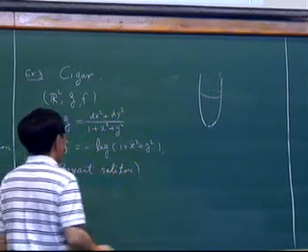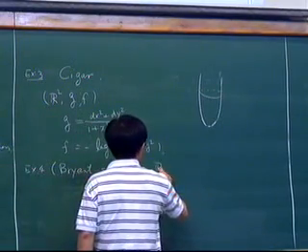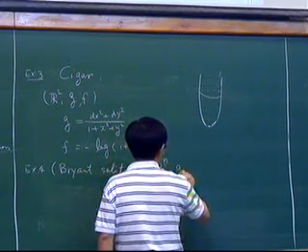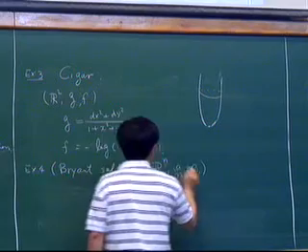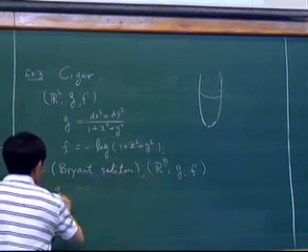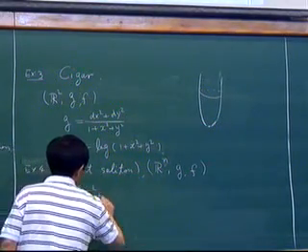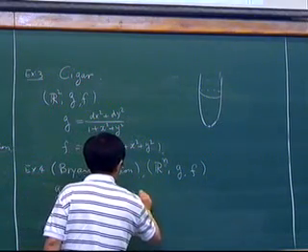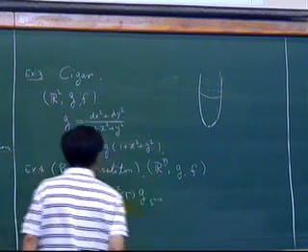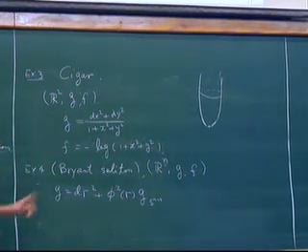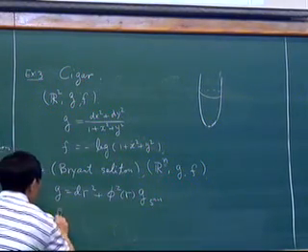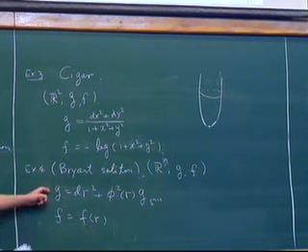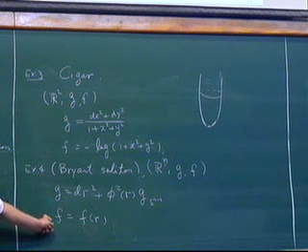Bryant soliton is on R^n. If you take a metric which is rotationally symmetric, you can take a function that also only depends on r. So you can write down the Ricci curvature, and you can write down the Hessian.